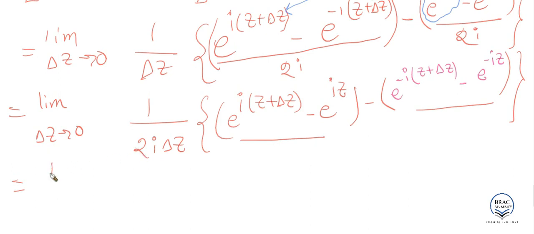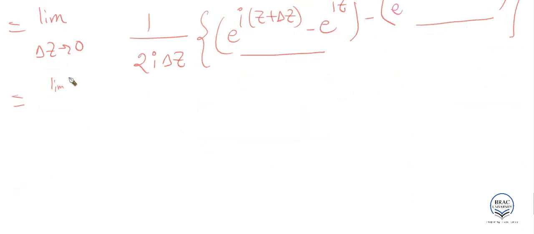So the next line can be written as follows: limit, okay, let me go down a bit, limit del z goes to 0, and we still want to, okay, so let's just put this 1 by 2i over here, and the reason I'll be explaining in a bit. And we know that limit is a linear operator, so put a big third bracket over here.